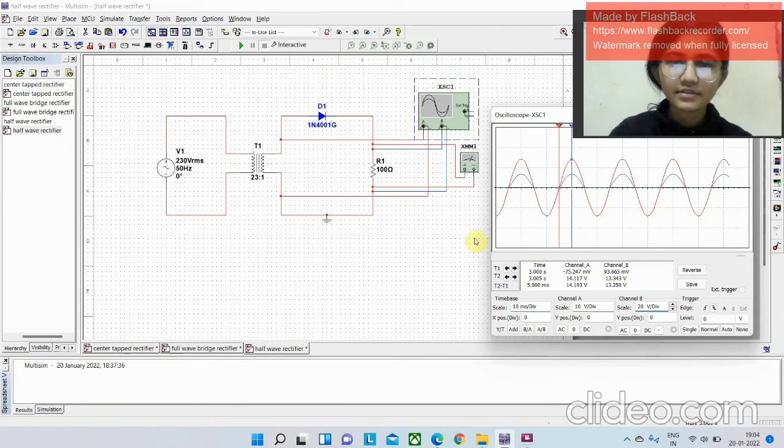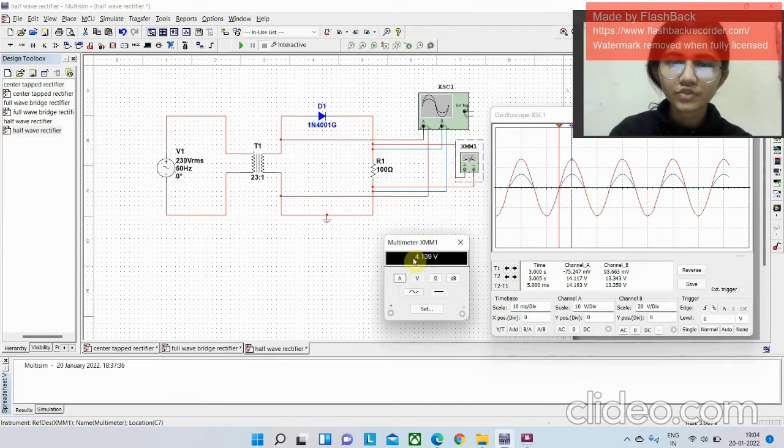Now, as I have taken the multimeter in the DC circuit, if we measure the voltage with the multimeter, will we get the same output as we had received in the oscilloscope? No, we do not get the same output as we had in the oscilloscope. And why is that so?